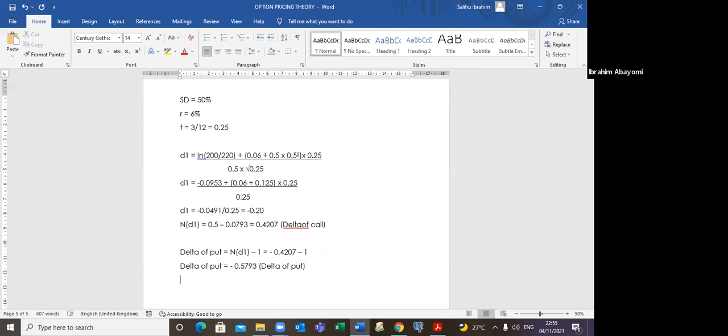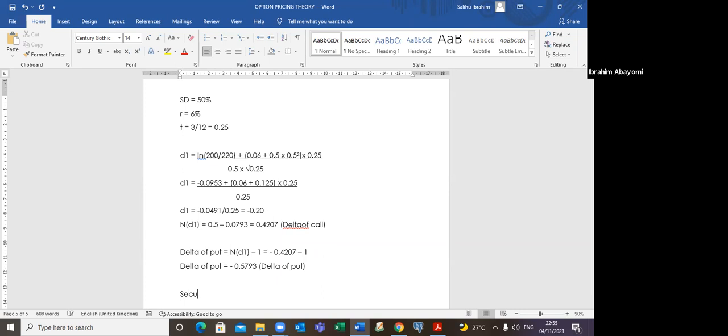After getting my delta of put, I now have to go and delta neutral hedge. How will I delta neutral hedge? This is what I'm going to do. Delta neutral hedging means I want to calculate the number of put options required. You understand? I will put security.